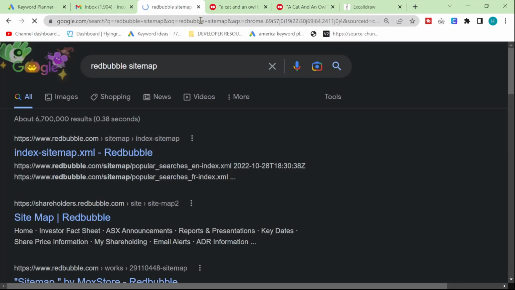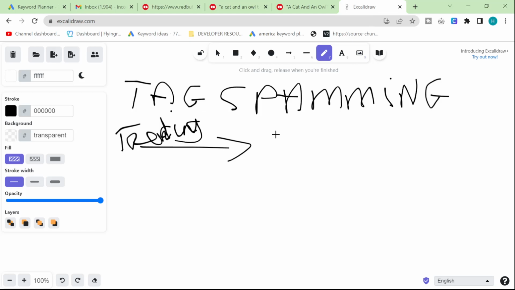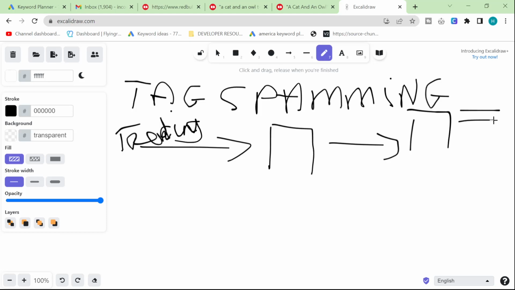In my opinion, they're using the Redbubble sitemap. As soon as something is trending or becomes a popular search, they probably have some kind of tool that will automatically create the design, and then all it does is just upload the design to Redbubble, probably using a format, and then the description is just the keyword, and then the tags is just tag spamming over and over.